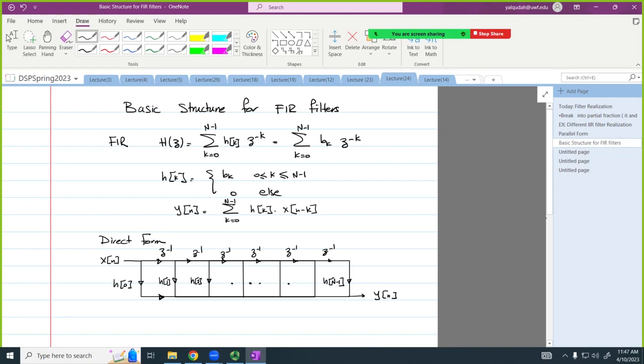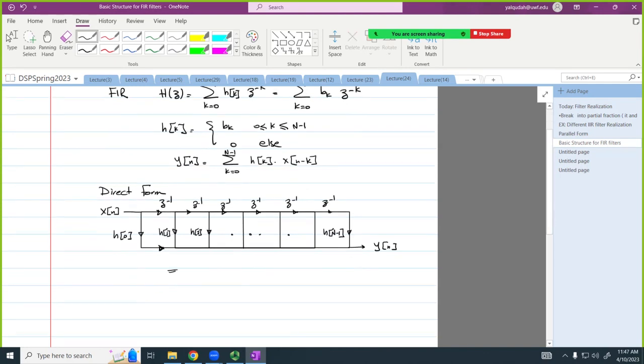Therefore, the number of multiplications is equal to N, and the number of delay elements is going to equal N minus 1.